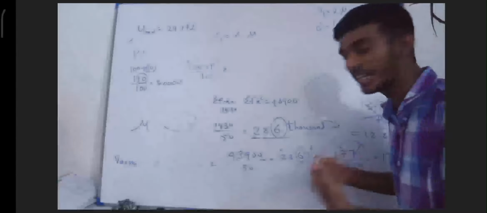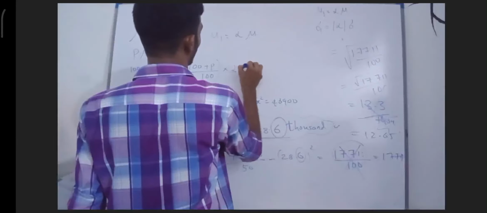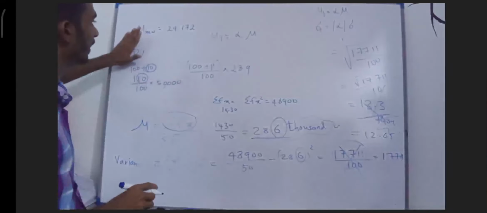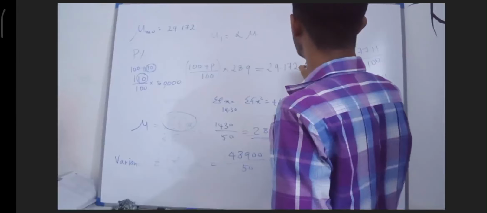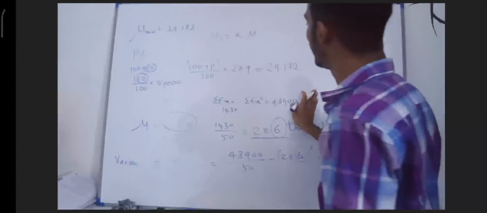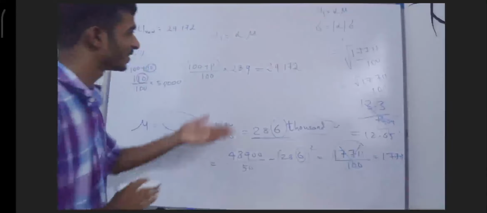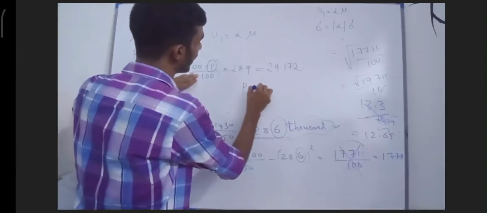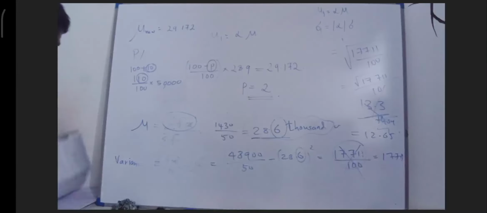My previous average salary is 28.6. Now after increment, this is equal to my new salary, which is 29.172. Now if you simplify this one, this is just simplification, you have to find out what is P. After simplification you will get P is equal to 2.